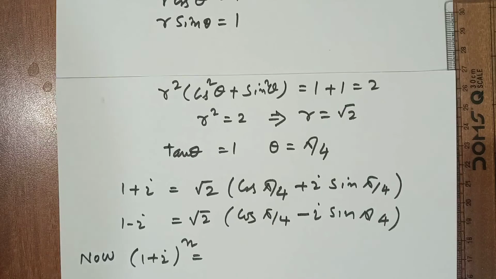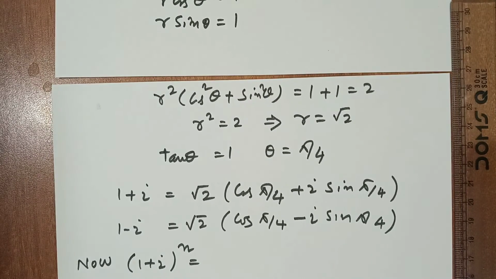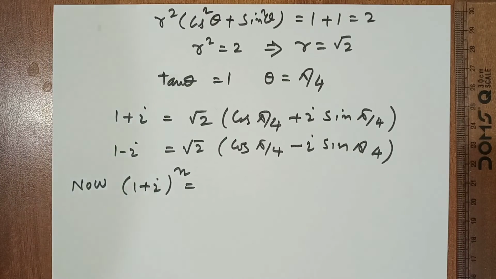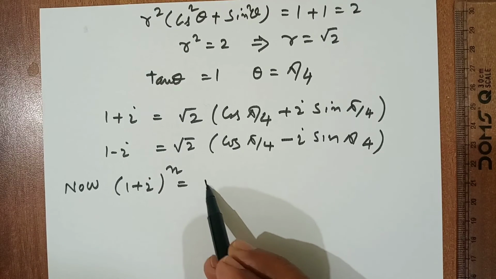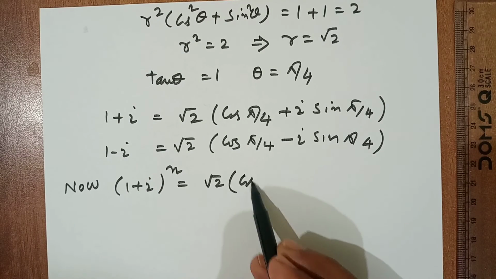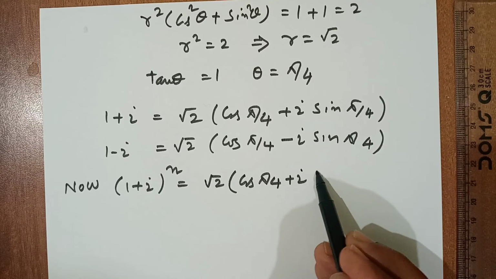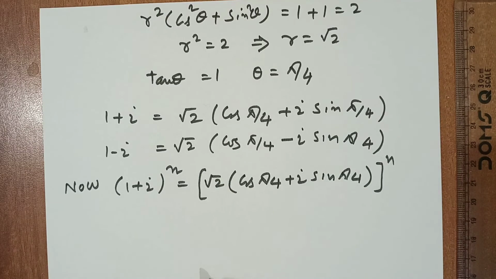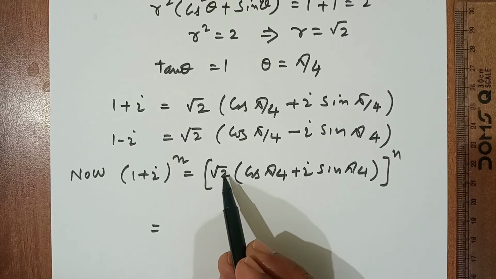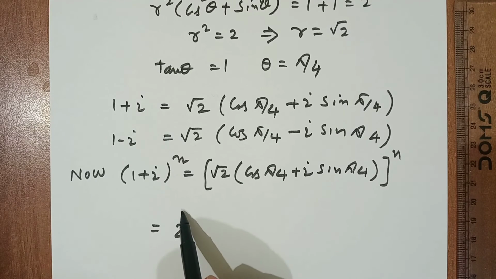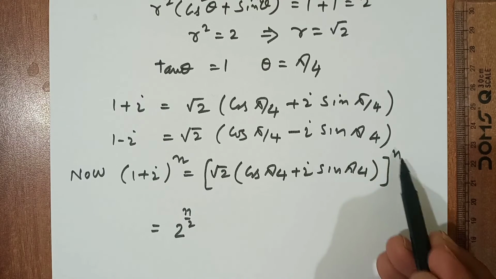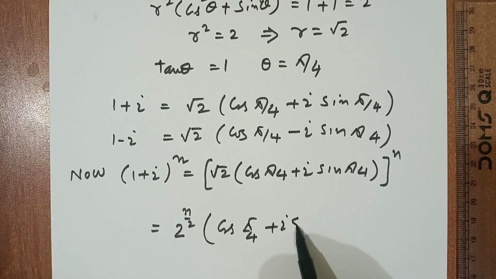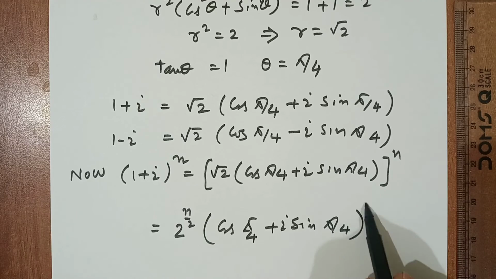So this is equal to 2^(1/2), meaning 2^(n/2), because this is n, and this is (cos π/4 + i sin π/4)^n.